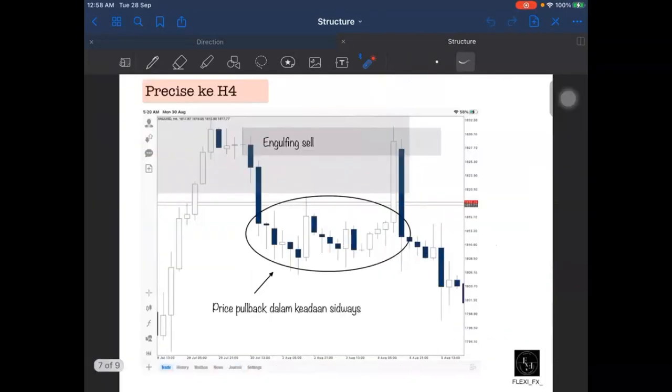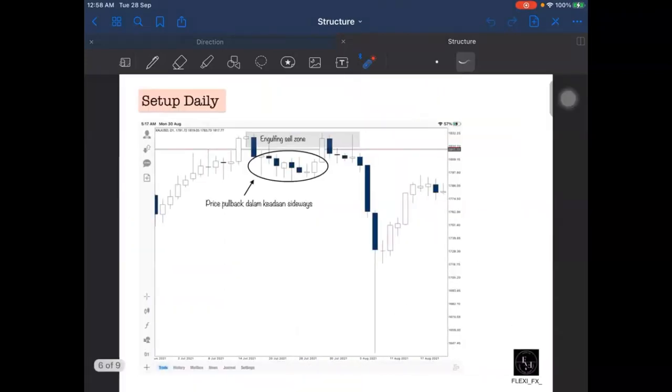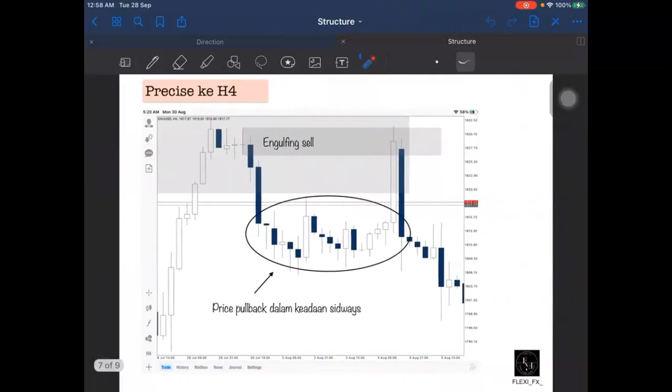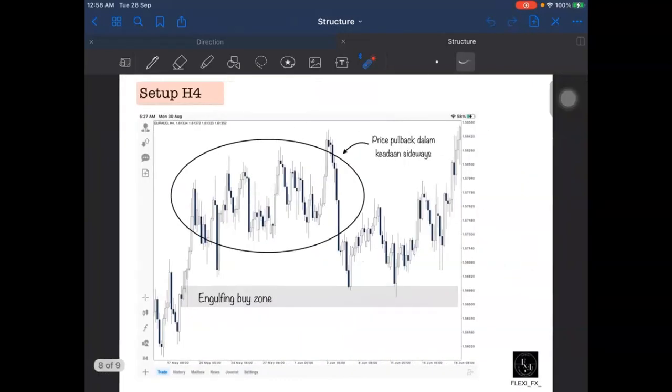Continue from this one, daily, engulf, sideways. In H4, see, price forms engulfing sell again, so price will pull back by sideways again. When it comes in, you will either wait in H4 or H1. Always remember this.